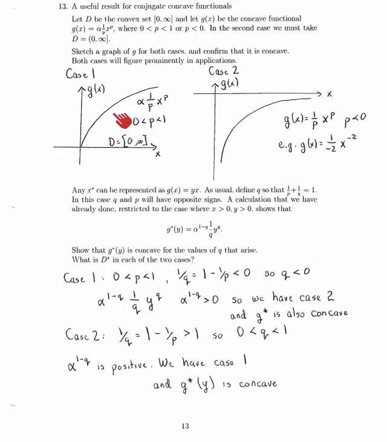We've got back case 1. And furthermore, because q is in between 0 and 1, alpha to the 1 minus q is going to be still a positive number. Notice in both these cases, alpha raised to the 1 minus q power is going to be a positive number. Here, this exponent is bigger than 1. Here, it's less than 1, but it's still positive. Okay, we are in business.